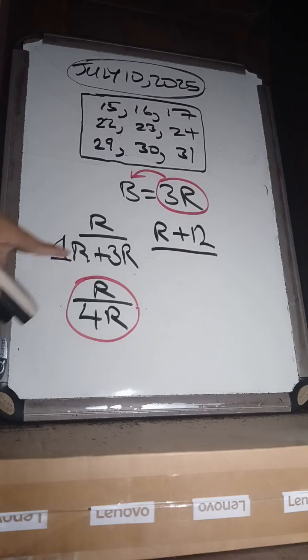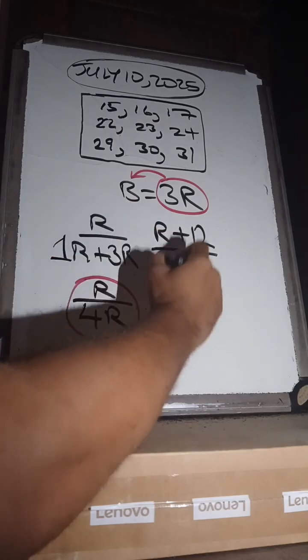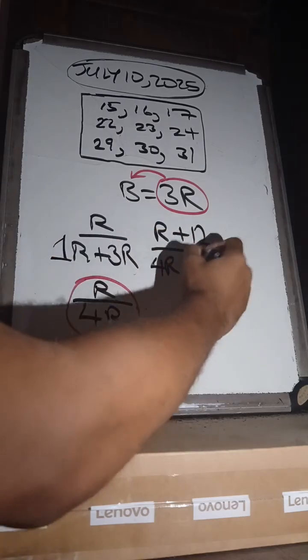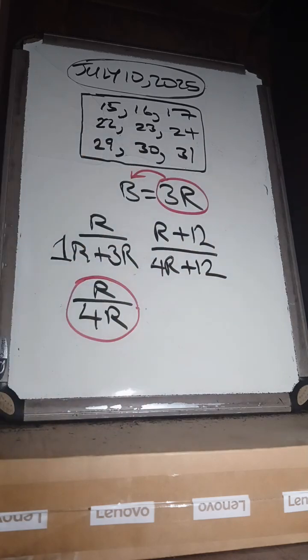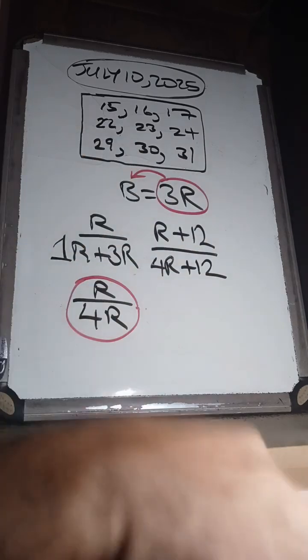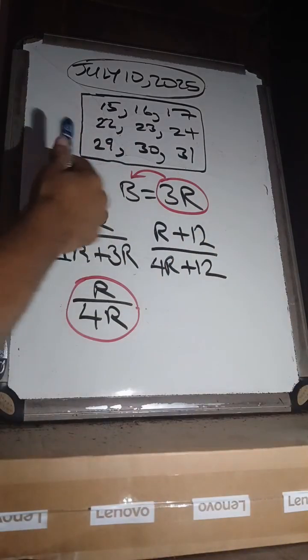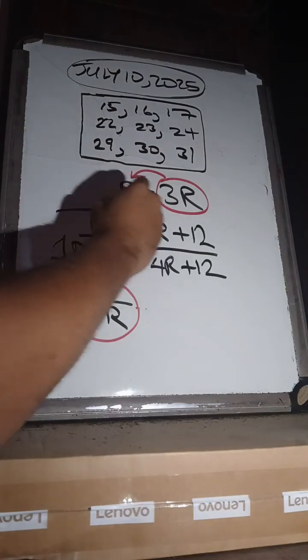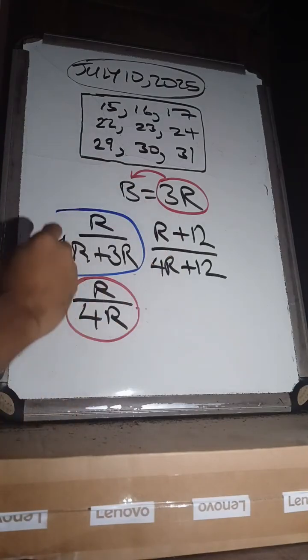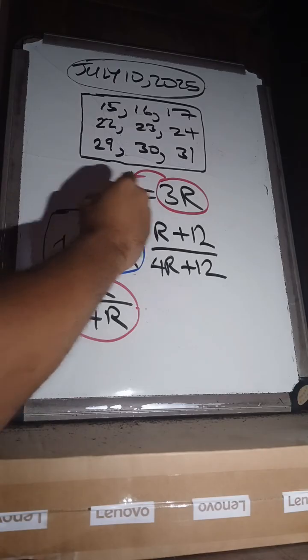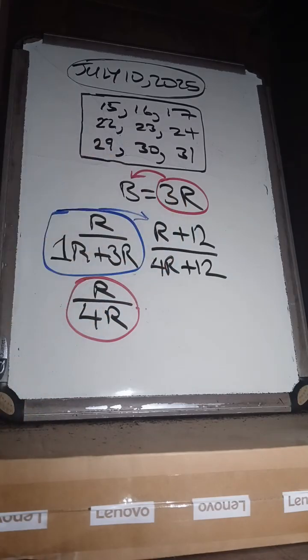Now if r plus b is r plus 3r and that is 4r, then we can write 4r plus 12. So we are moving from this to that.